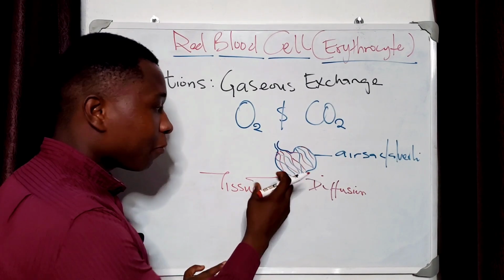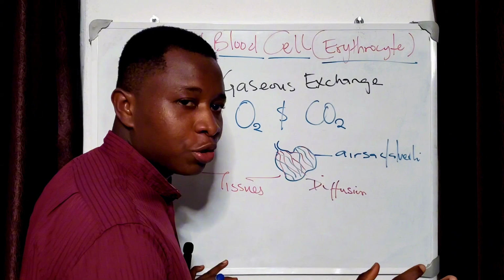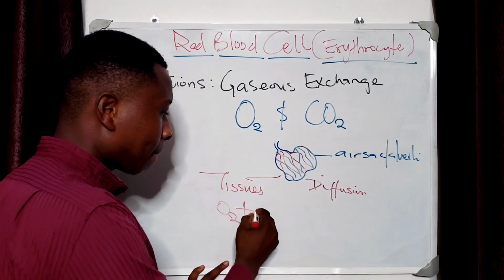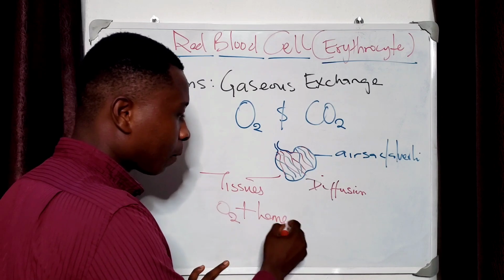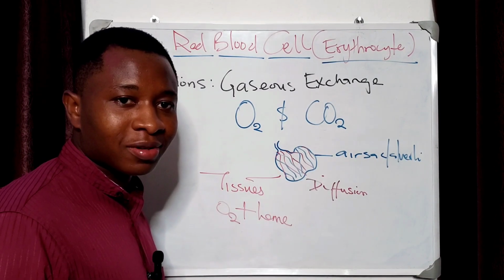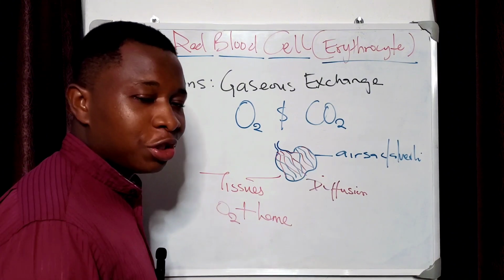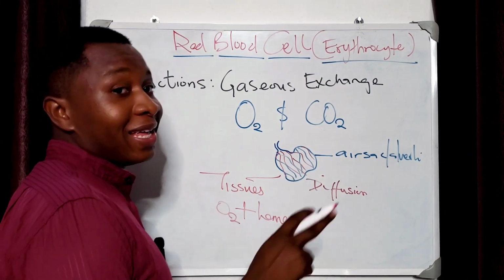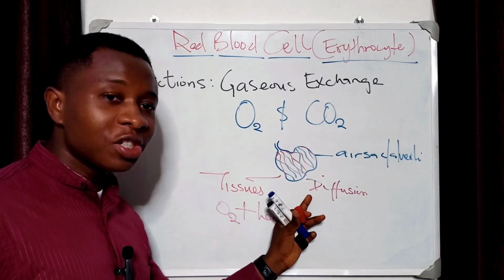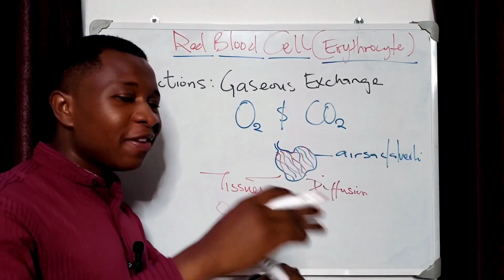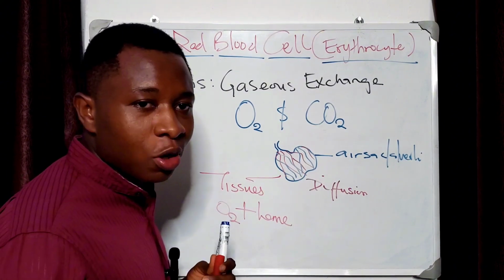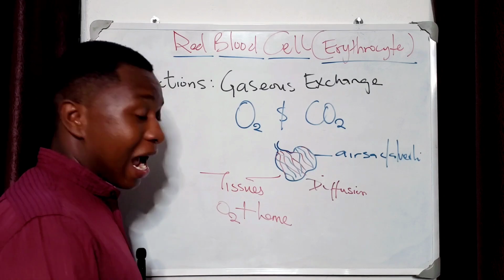So when the red blood cell gets to the tissue, the oxygen molecule that is bound by the heme begins to detach into the tissues. When it detaches into the tissues, the red blood cell goes back again to the capillary to pick another oxygen molecule. So that's what happens. That's just the function of all the red blood cells in our body. It binds the oxygen molecule, carries it to the tissue and drops it there.